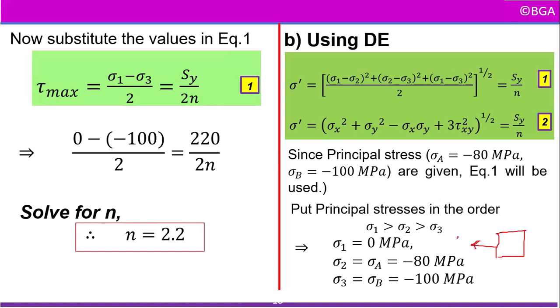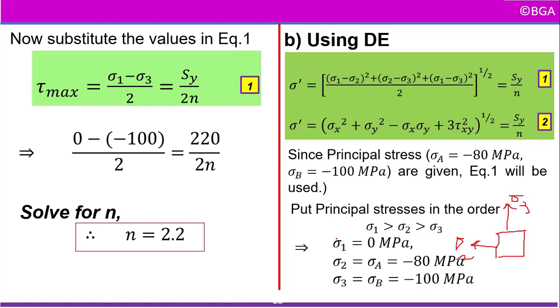So you have your sigma 2 value and sigma 3 value like this, but sigma 1 is automatically 0 because it's a plane stress, a two-dimensional stress state. Putting things in order like before, we have sigma 1 equal to 0, sigma 2 negative 80, and sigma 3 negative 100 megapascal. So the maximum principal stress is 0 and the minimum principal stress is negative 100 megapascal.